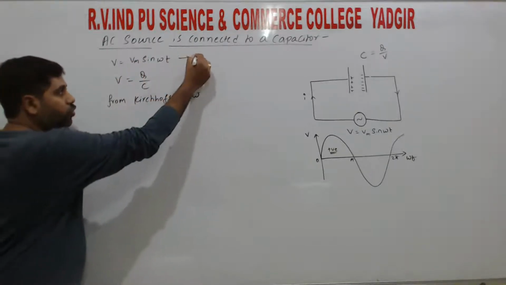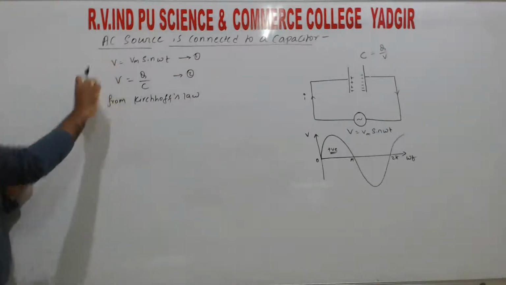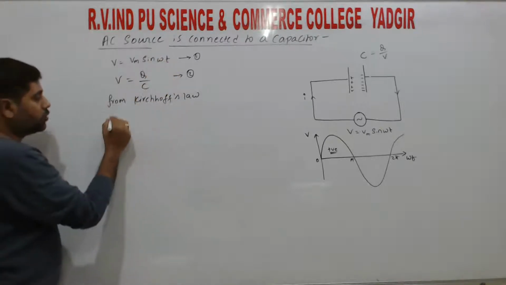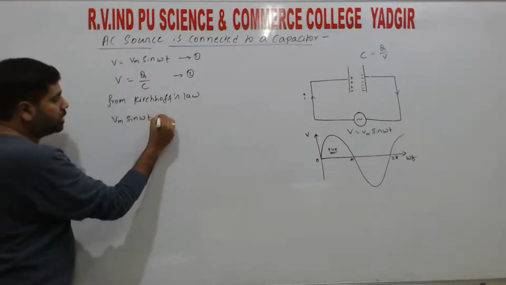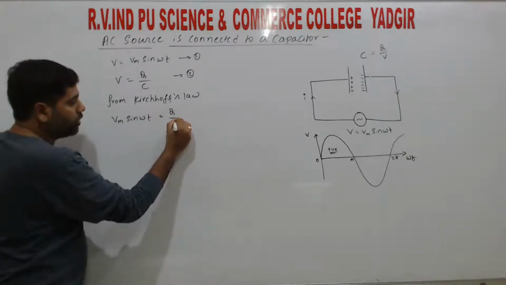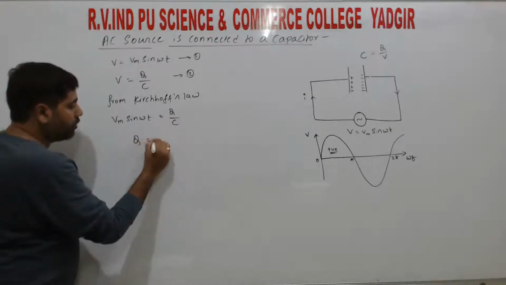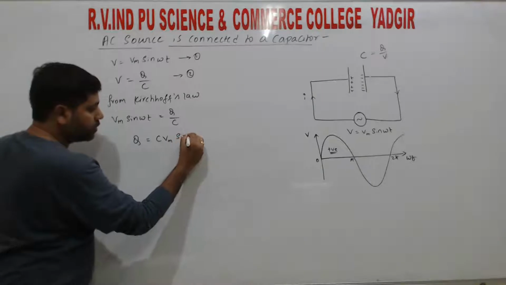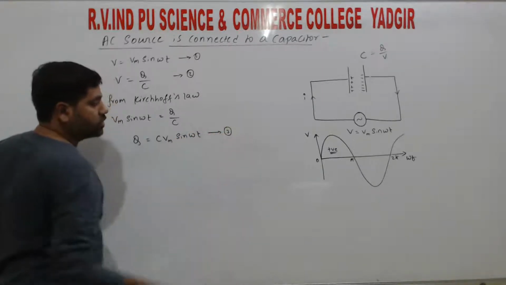So from these two equations, equation 1 and equation 2, the LHS remains the same, hence we can equate the RHS. So we can write Vm sin omega t equals Q divided by C. Now from this we can write Q equals C Vm sin omega t, calling this equation 3.